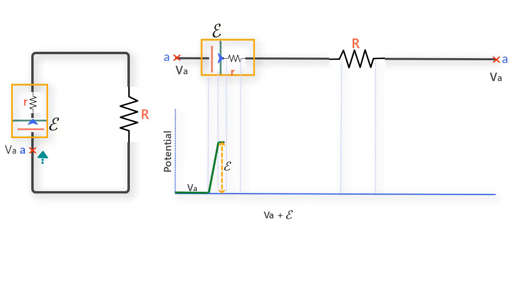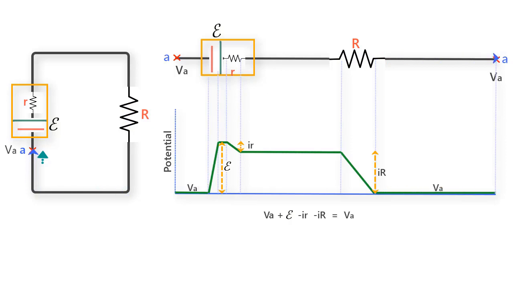Then it stays the same but drops by Ir as the charge passes through the internal resistance r. It continues to be the same and drops again, this time by I times capital R when the charge passes through resistor R. And you see the charge is again at the same potential VA as it reaches back point A.